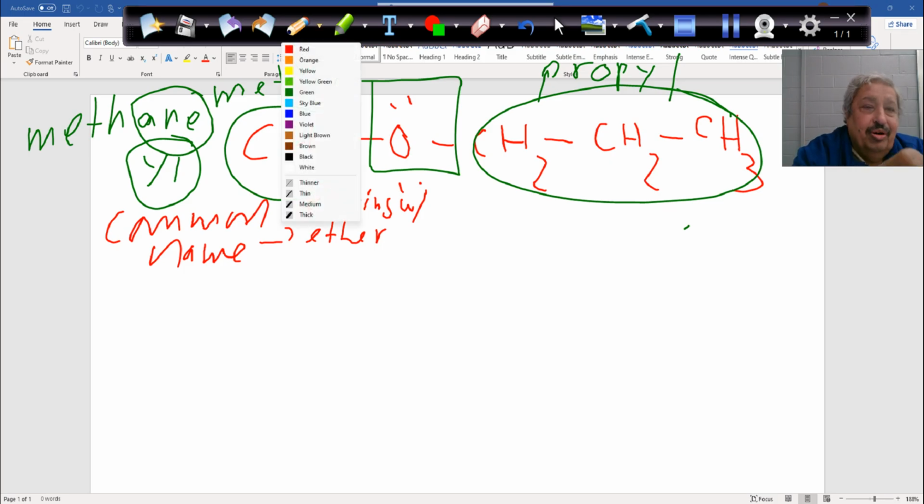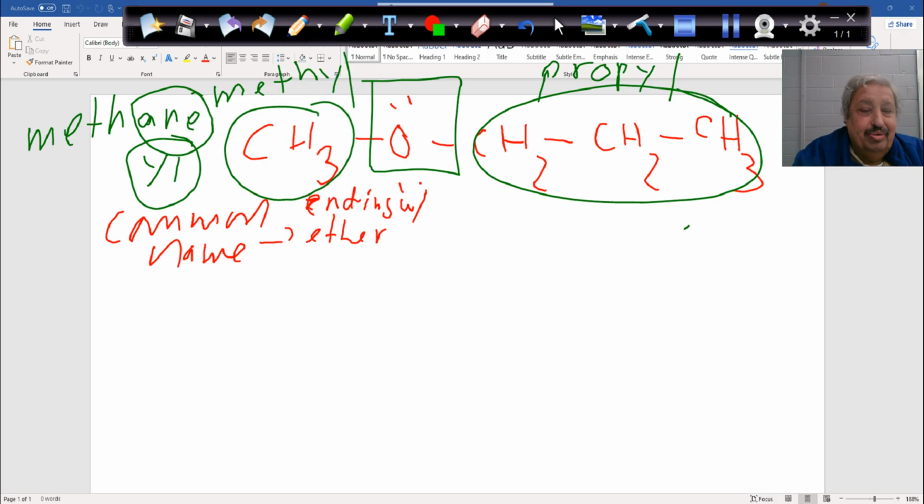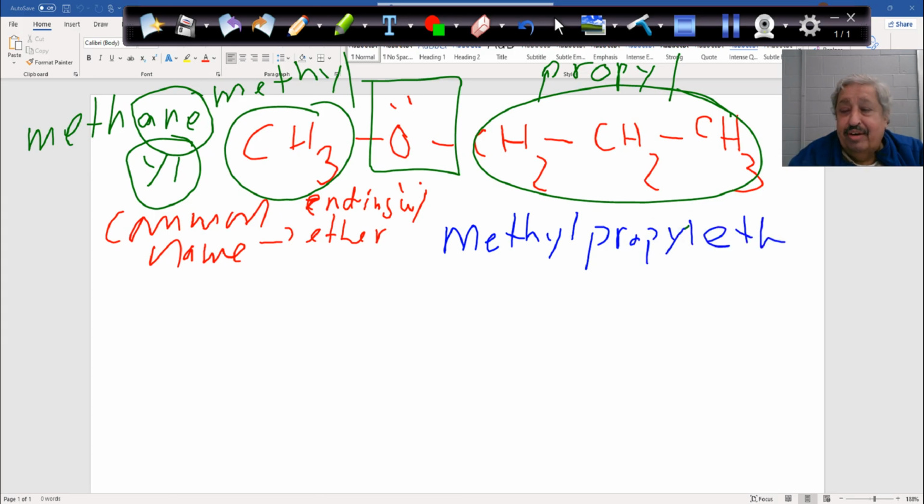The M. So our ether will look like methyl propyl, and for the common name we have to add its functional group: methyl propyl ether. Well, that's not correct when it comes to the IUPAC real name.